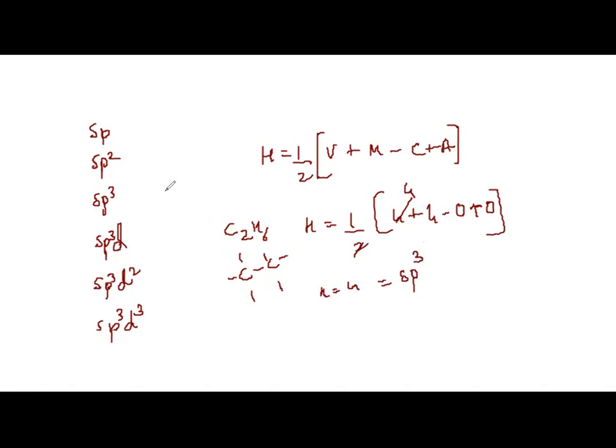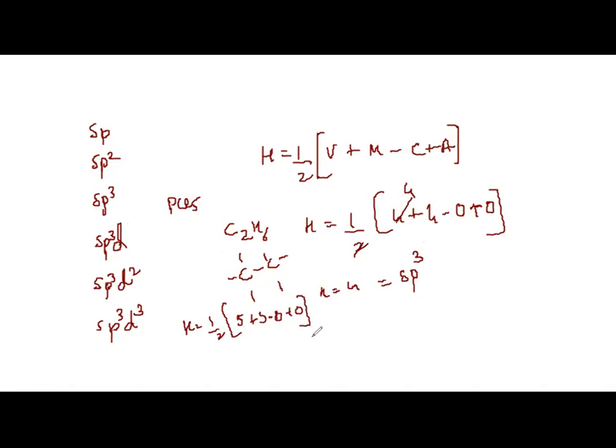For example, let us take PCl5. So phosphorus, H is equal to half of valence electrons on phosphorus, which are 5, plus phosphorus is bonded to 5 atoms, minus 0 plus 0. 5 plus 5 is 10, half of 10 is 5.